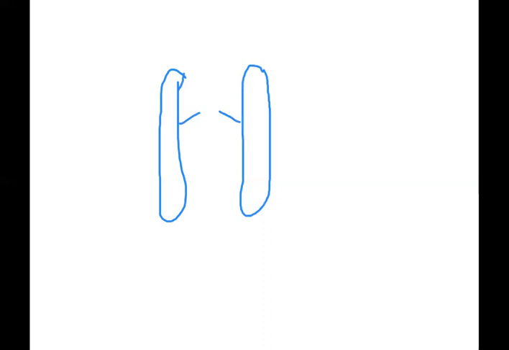For example, the gene at this position controls height. Now, there are two types of genes. One is recessive and one is dominant.